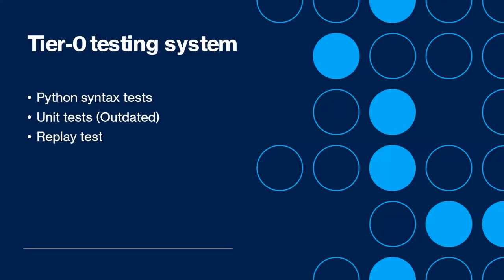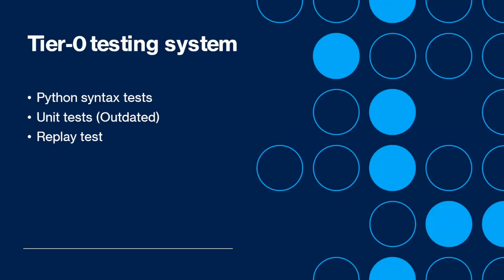Before my project there were some existing tests: Python syntax tests and the replay test. There were also some unit tests that were outdated. The problem was that Python syntax tests are very basic and don't detect any real problems with the software.